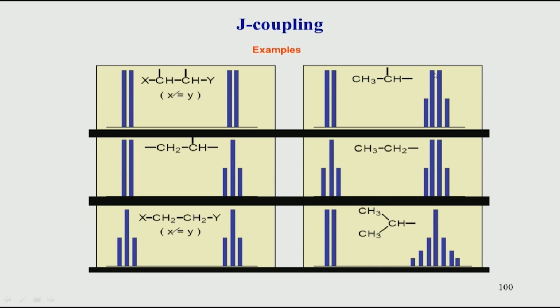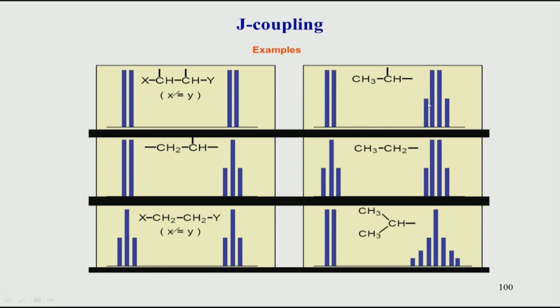Now, look at this pattern here. It looks like a very strange pattern, but how does this pattern come? We will see in a few slides from now how this pattern can be derived mathematically. It is very easy to do that. But one thing we should ignore here, which I have not drawn properly, is the intensity. This is just a schematic to show you the peak splitting pattern.